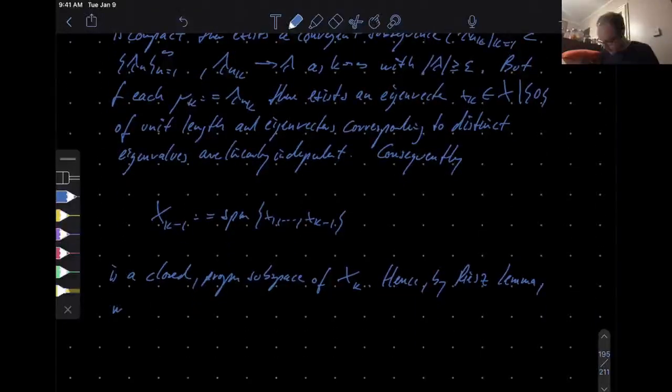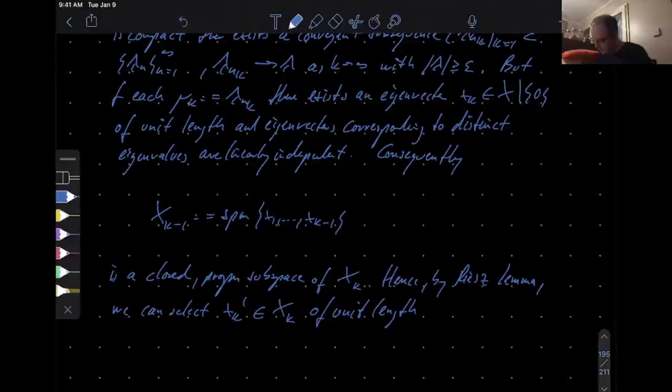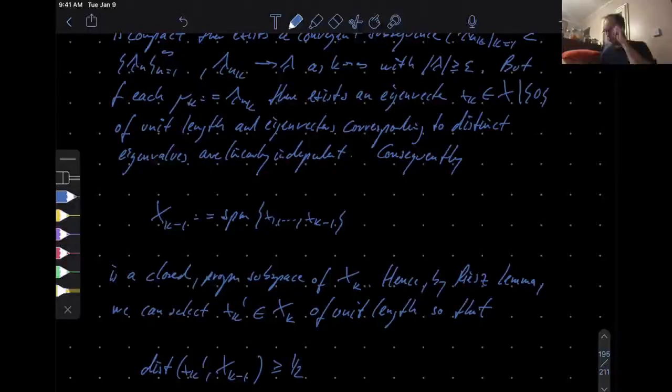Hence, by Riesz's lemma, we can select something, say xk prime. It doesn't matter that it's in the complement, it's in the bigger one. It has unit length, but it stays distance 1 minus epsilon away from the capital X sub k minus 1, so that the distance from xk prime to X sub k minus 1, again, let's do one over 2, so a half.